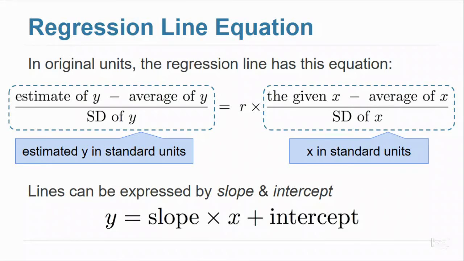How can we calculate the slope and intercept of the line of best fit? Well, when we look at the equation in original units as opposed to standard units, we get this complicated expression on top of the slide here. But we'd really like to re-express this in terms of the slope-intercept form for a line: y equals slope times x plus intercept, where now y and x are both measured in the original units.